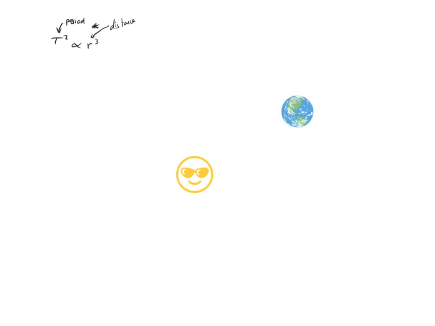Now, if we assume that this is the sun, and that's the Earth, and this is the circular orbit around the sun. I know it's not a perfect circle, but you get the idea. Use a little bit of imagination.